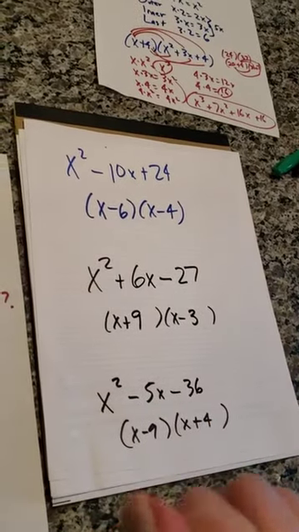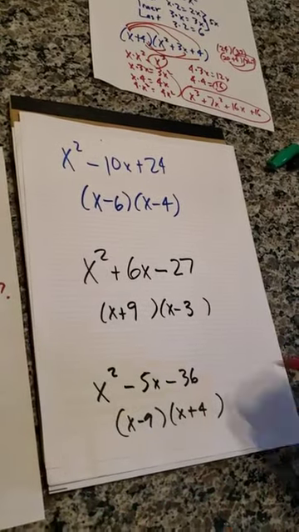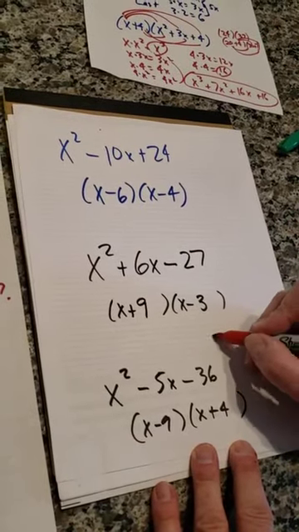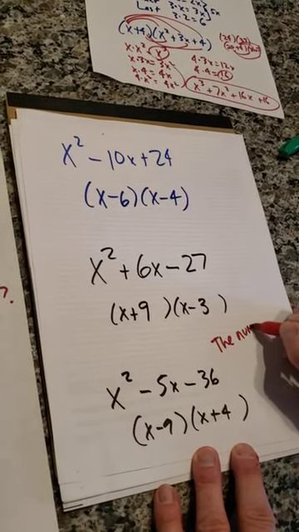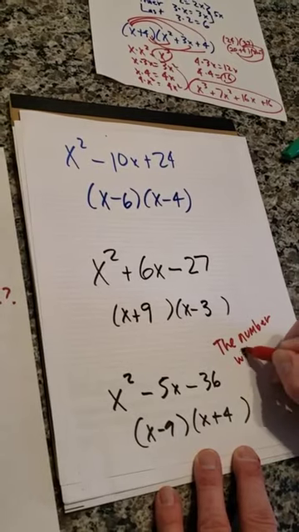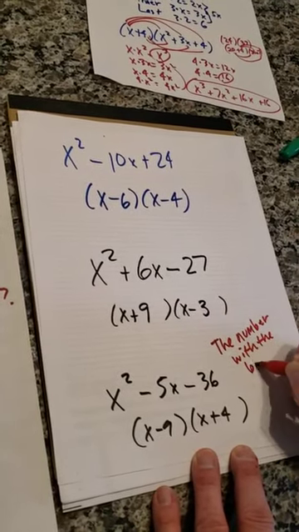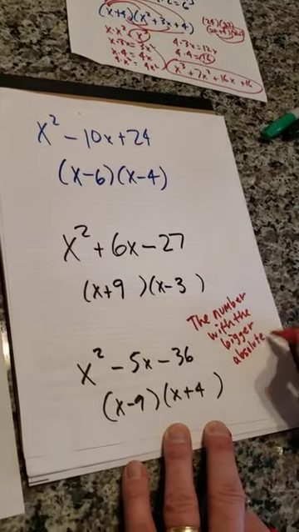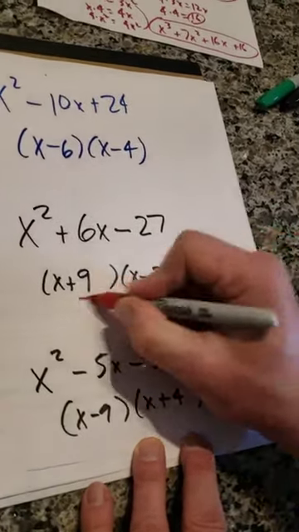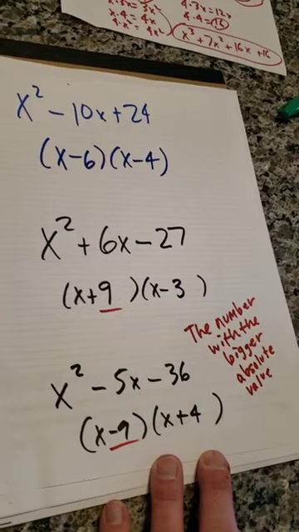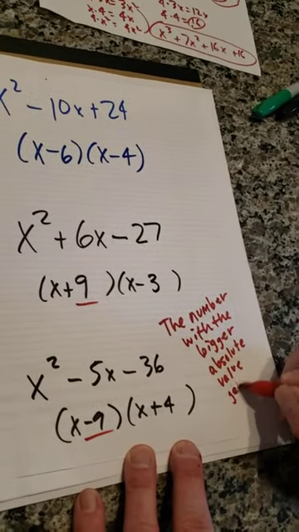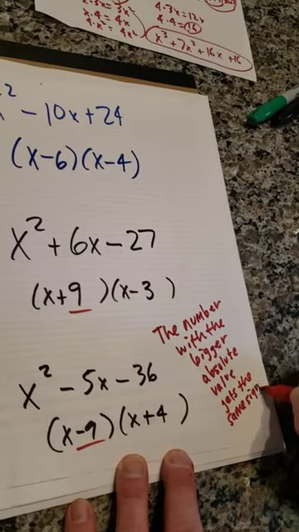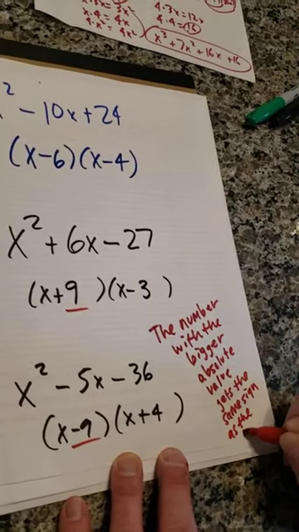A shortcut rule that you can use, or at least a reminder, is that when the last sign is negative, the number with the bigger absolute value, which in both of these cases is a 9 or a negative 9, gets the same sign as the middle term.